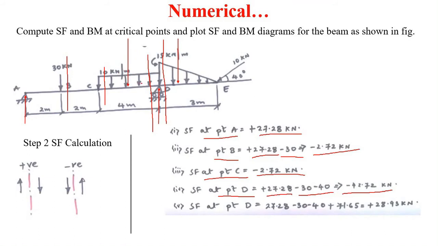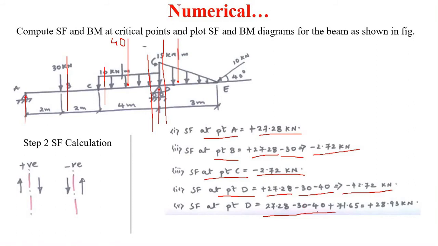And this 40 kilonewton is due to this uniformly distributed load, and again it is in the downward direction, so it will be minus again. Therefore the shear force at point D, when we take a section just at the right side, becomes 27.28, that is this RA, it is plus, then this 30 kilonewton is minus, then again this 40 kilonewton is minus, then plus this RD.